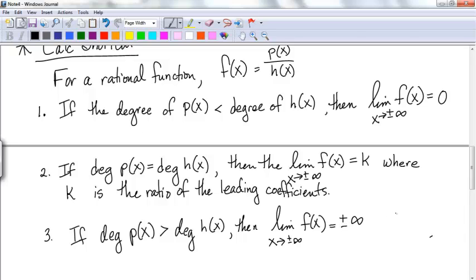And you can actually tell on the graph if it's going up, positive infinity, if it's going down, negative infinity. So if the degree is larger on top, then it's going to be infinity.